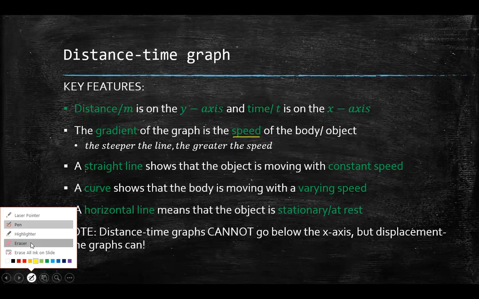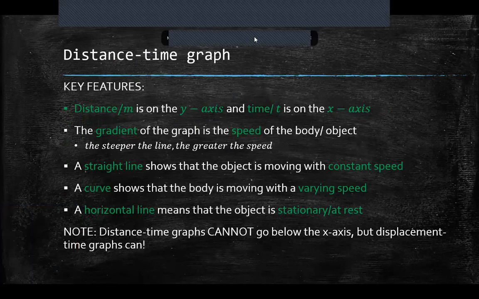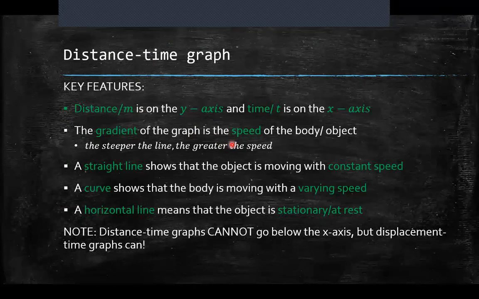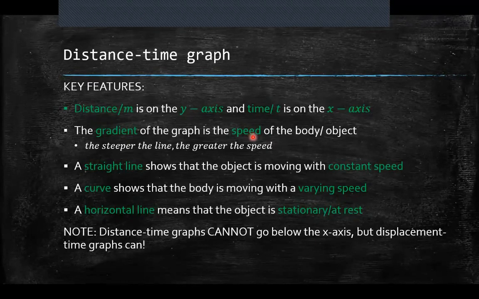So yeah, like I said, it's a slight difference. Gradient is speed. That's what you need to know. But like I said, some people say it's velocity, but that's really not true, because distance on time is speed. It's displacement on time that's velocity.